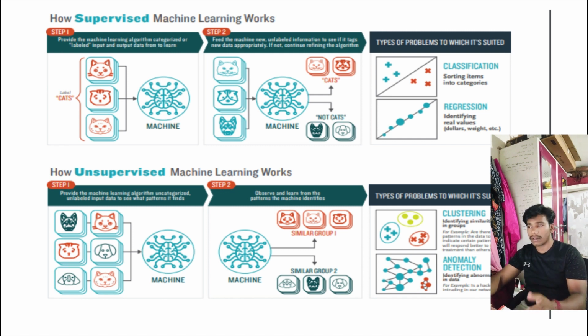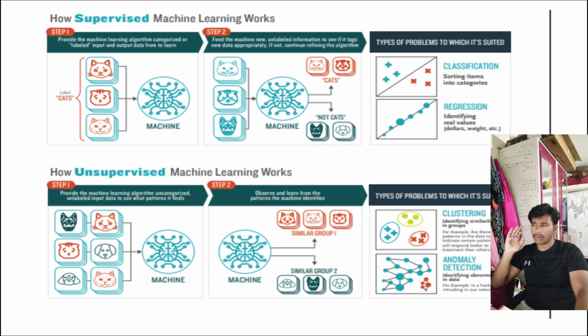This is the image where there are images fed to the system with the dog and the cat. So the machine here can understand that there are only two images of cats and the others are dogs. So it is really able to understand it, and this process is known as supervised learning.